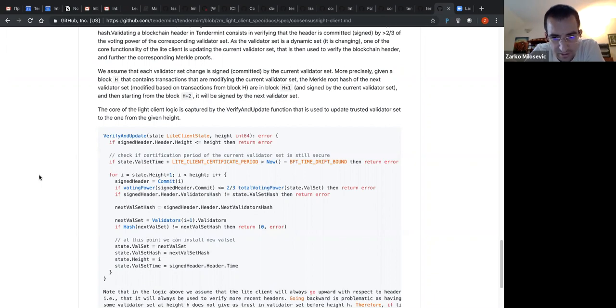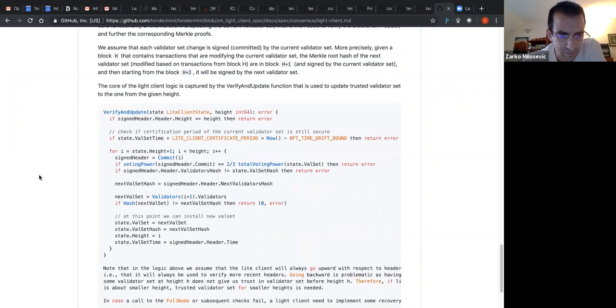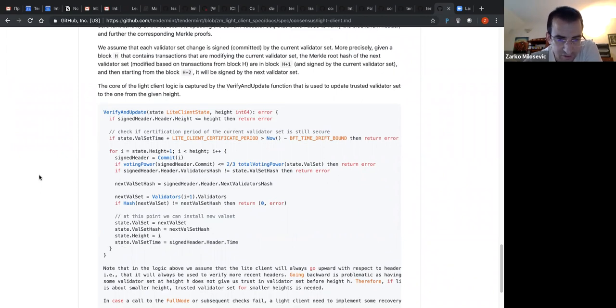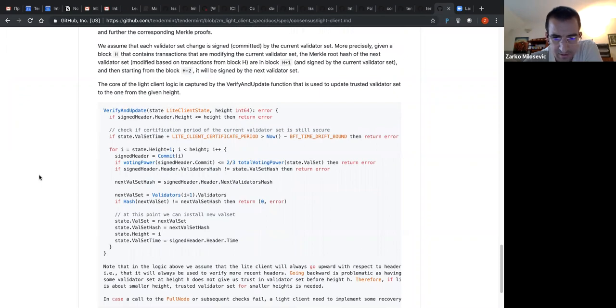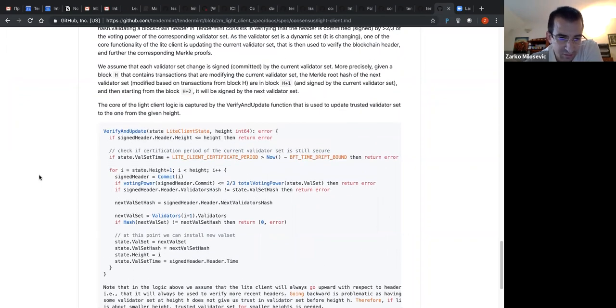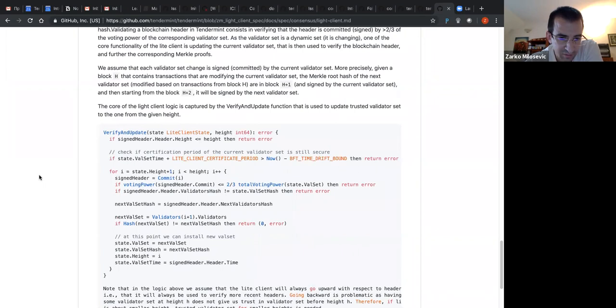Jack also asked for having this kind of sequential specification, so we can implement this as it is simpler than the version with skips. Of course, we can be more clever here and try to jump ahead and not verify all headers.